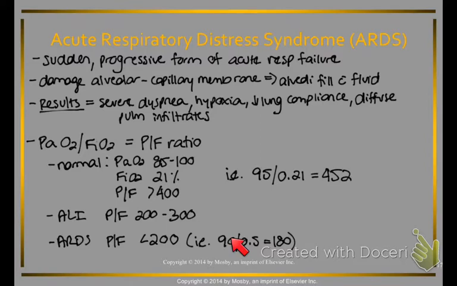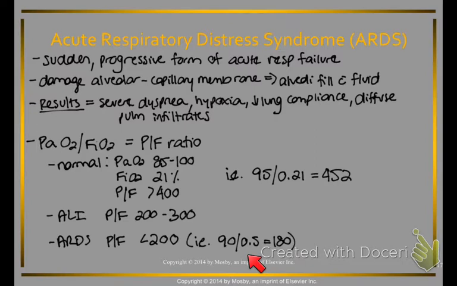What's happening to that PF ratio? It's plummeting, right? Normal is 400. Acute lung injury. So normal PF is above 400. That means that we can maintain a normal O2 on room air. The more O2 we have to supply them, the lower their PF ratio.